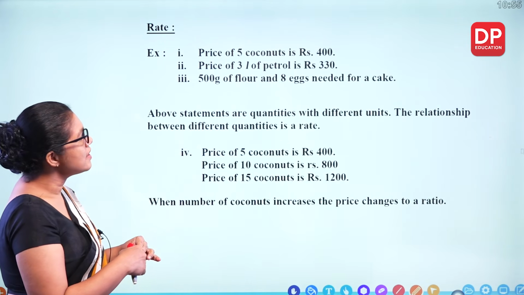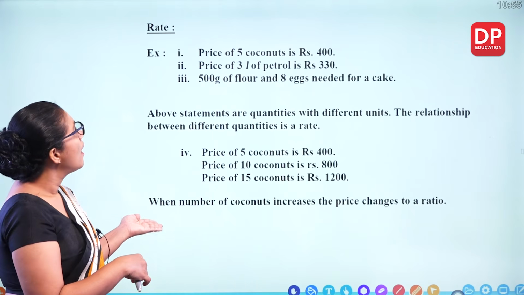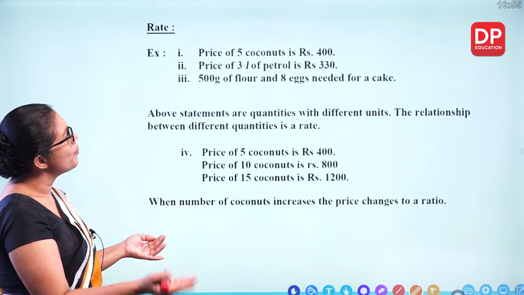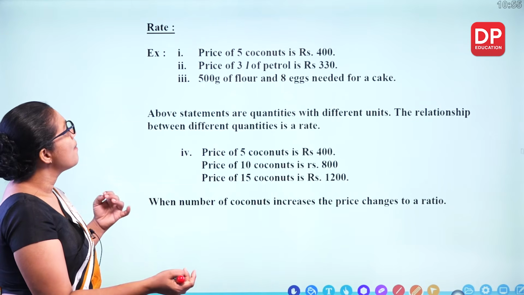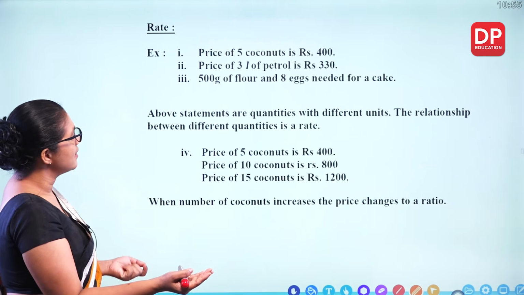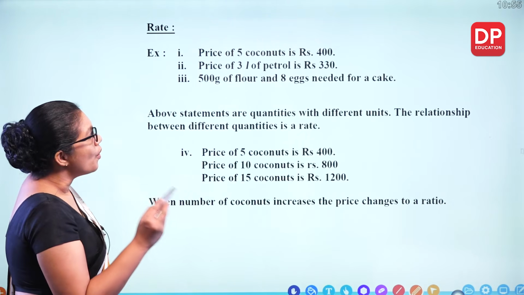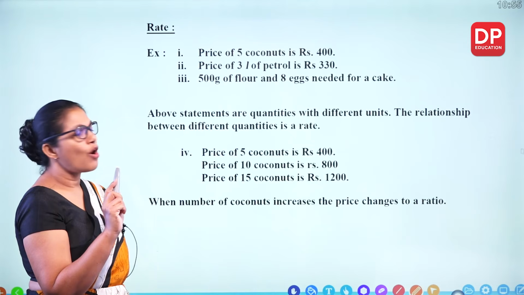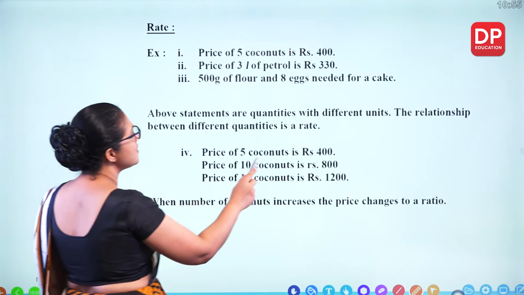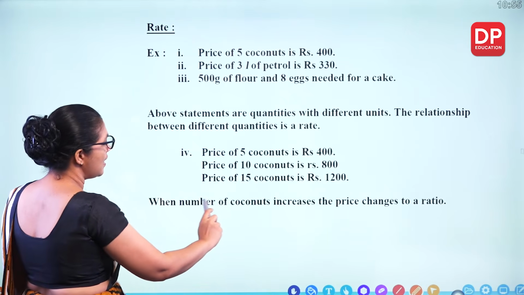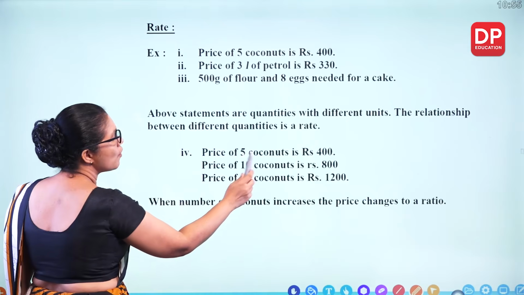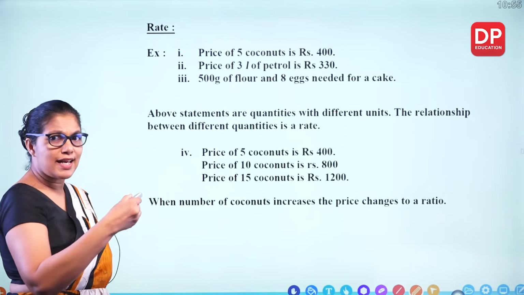Above statements are quantities with different units. 5 coconuts, a price is there. So rupees and number of coconuts. Price of 3 liters and the price 330. So the relationship between different quantities is a rate. So price of 5 coconuts is 400 rupees. Here when you take this example, if 5 coconuts is this much, what about 10?